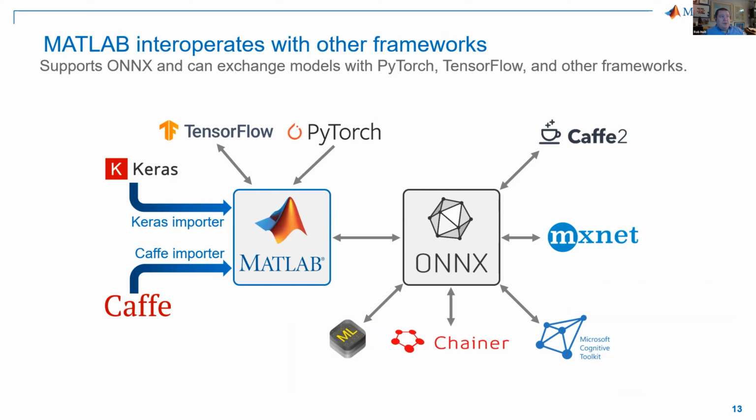So you can import TensorFlow, PyTorch, Keras, and Caffe right into MATLAB, but MATLAB also interfaces with the ONNX network. So you can bring in other people's networks, you can train networks in MATLAB and then give them to other people. So MATLAB is part of this ecosystem of AI development and sharing.